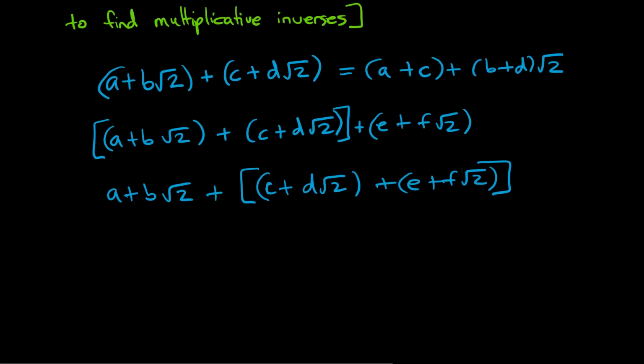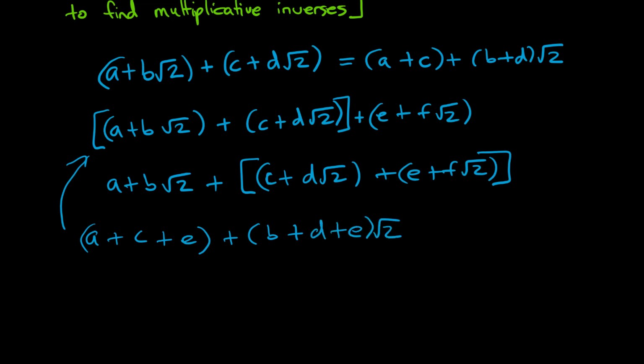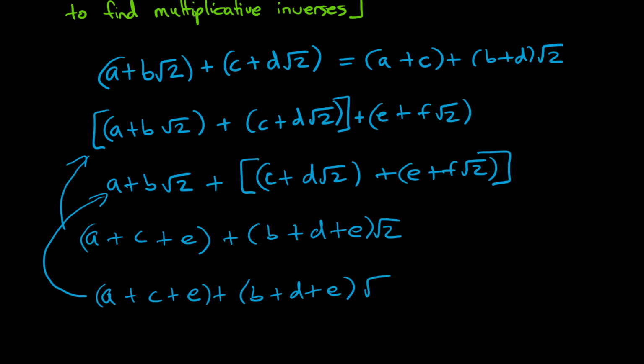But just to check what the outcome is going to be, this one is going to end up being a plus c plus e plus b plus d plus f root 2, and this one is also going to give a plus c plus e plus b plus d plus f root 2.